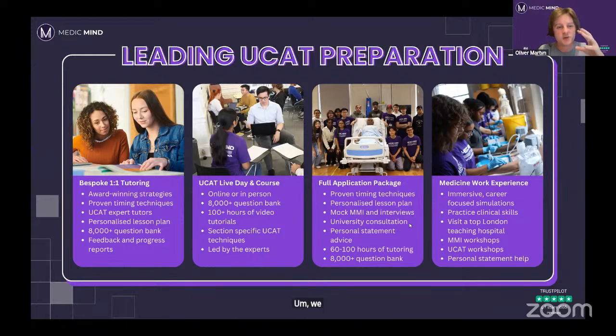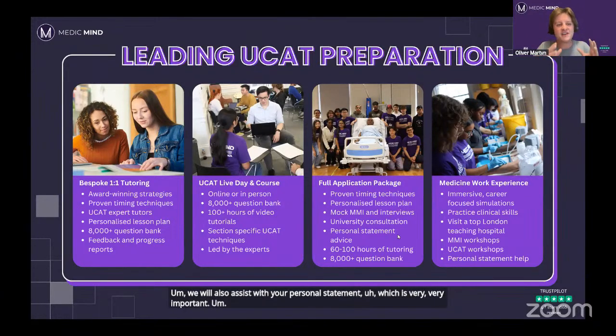We will also assist with your personal statement, which is very, very important. And then finally, we will assist with the interview side of things, which for medical students is an intricate and quite complex part of the application process.